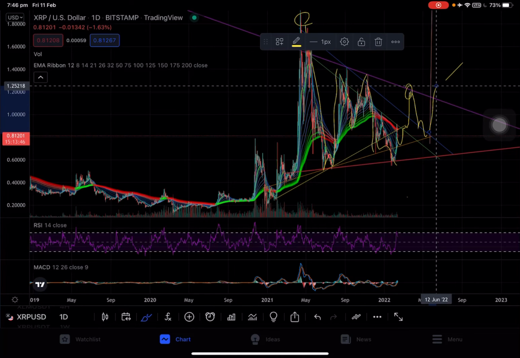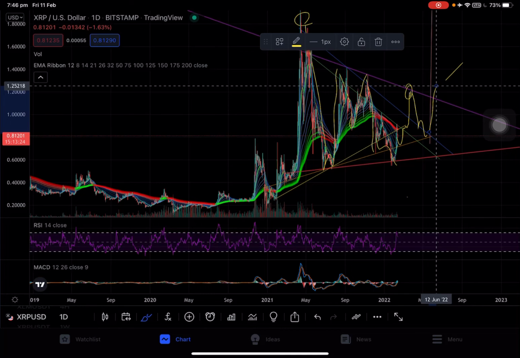I think the $1 price point is the hold, the sort of median that we've got here. As soon as we break $1, we're in that crazy bullish territory where anything could happen, and at this point in time we are just at the mercy of this whole market.